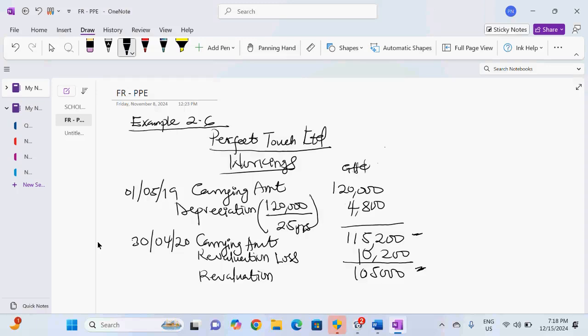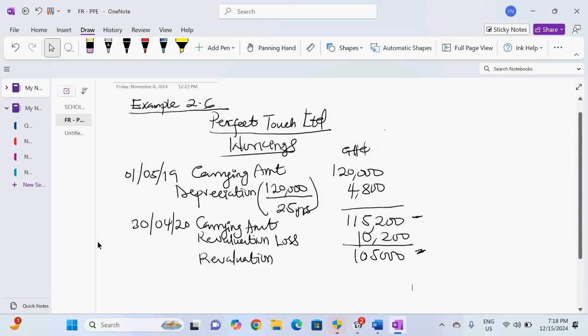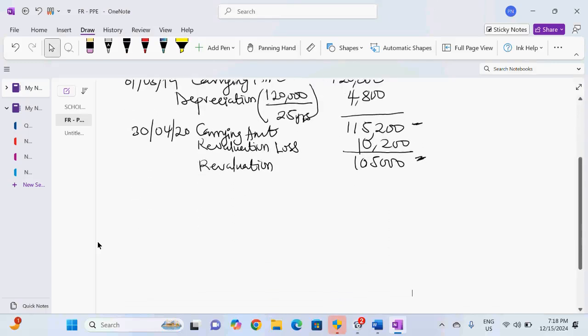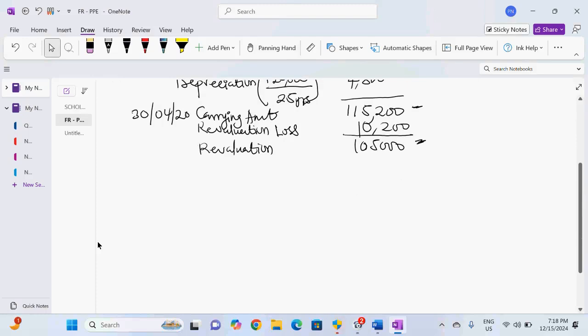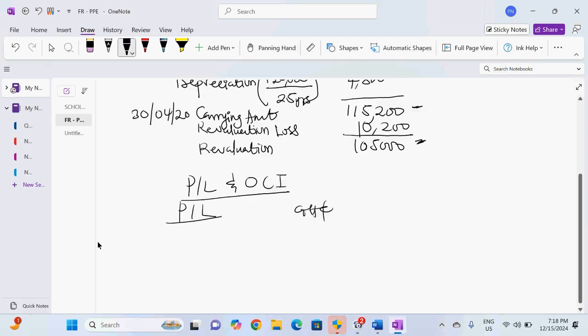Now let's go and prepare our extract. So we have the statement of P&L and OCI, profit or loss and other comprehensive income. Which item will come to the P&L?